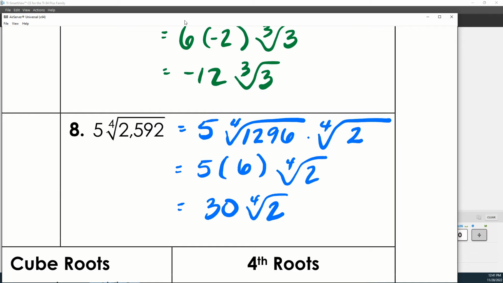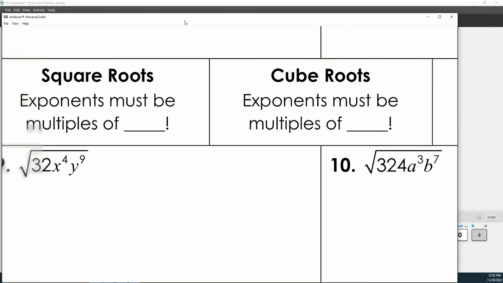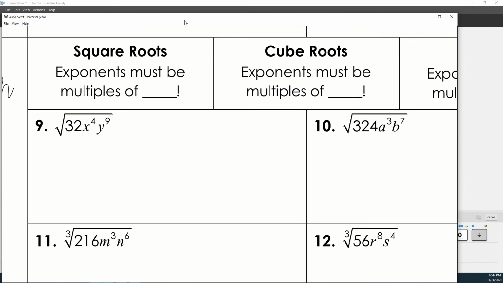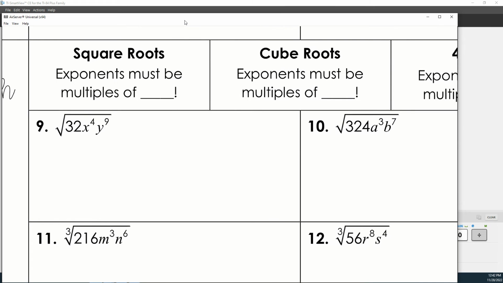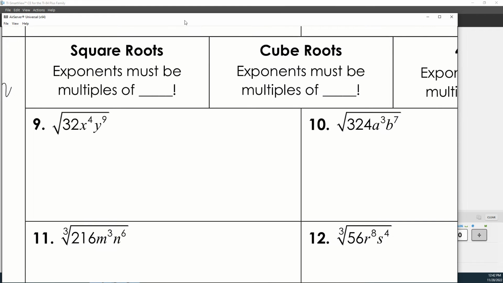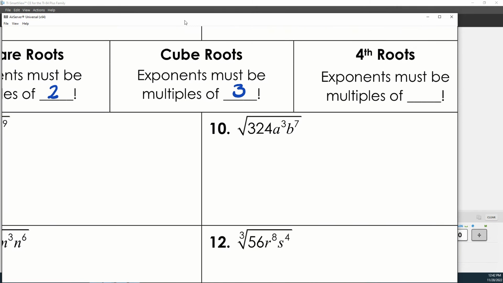Now, the newest part of today's lesson is doing all this breaking down when it's variables. I don't think we've done that this year. Now, we have talked about perfect squares, I think, with x's, but for a variable to be a perfect square, the exponent must be a multiple of 2. Cube root must be a multiple of 3. And fourth root must be a multiple of 4.